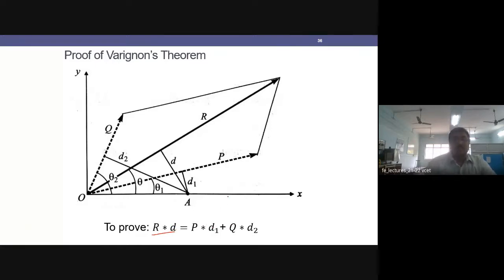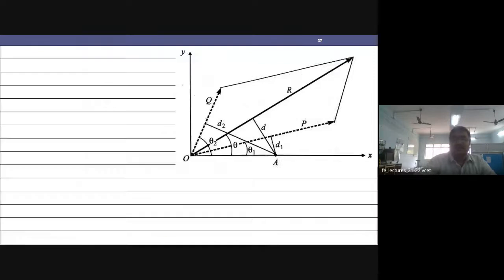I have the force P acting and Q acting. I have the resultant, and in vector form, R equals vector P plus vector Q.